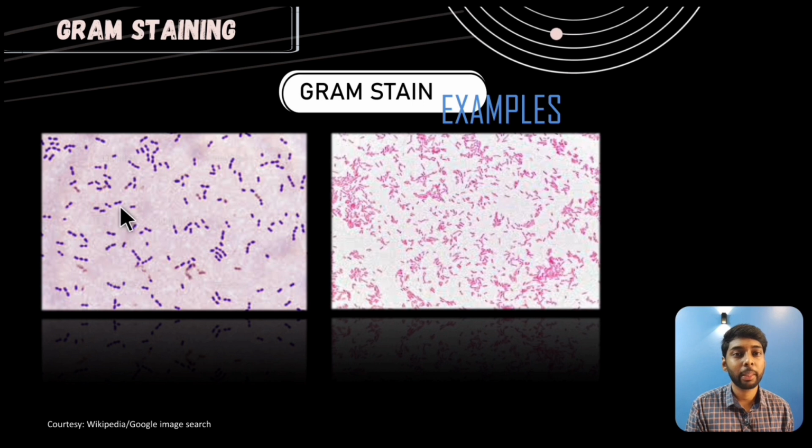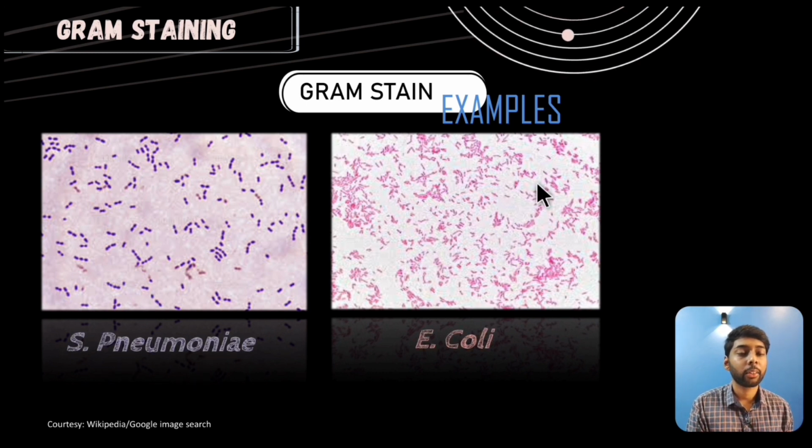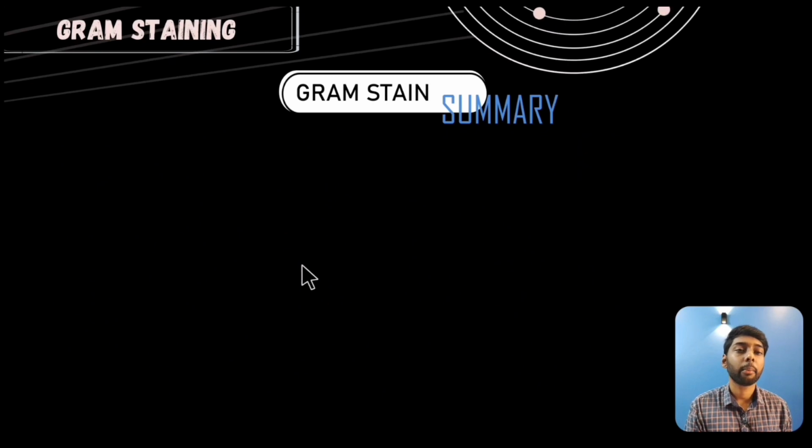So they must be gram-positive chain-forming cocci, and that's Streptococcus pneumoniae. And on the right, we see rod-shaped bacilli, and they are red-colored, so they must take up the counterstain safranin, so they must be gram-negative. In this case, they are gram-negative bacilli, and very famously, these are E. coli.